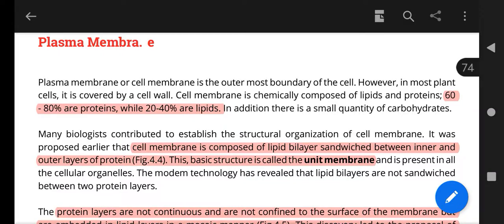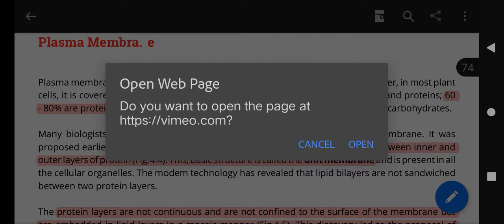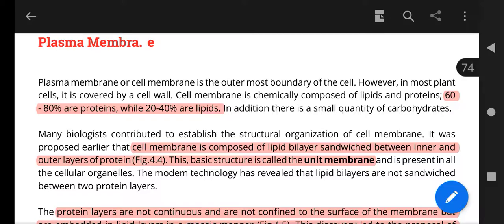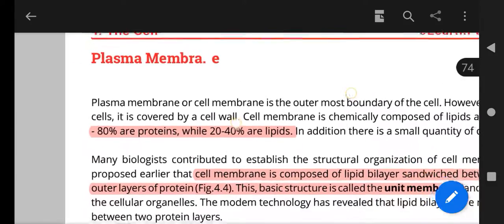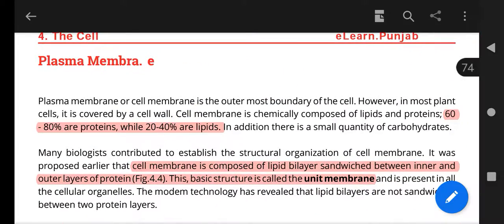Hello students, today we will discuss our new topic, that is plasma membrane or cell membrane. The plasma membrane or cell membrane actually is the outermost boundary in animal cell, but in plant cell it is covered by another membrane that is called the cell wall.